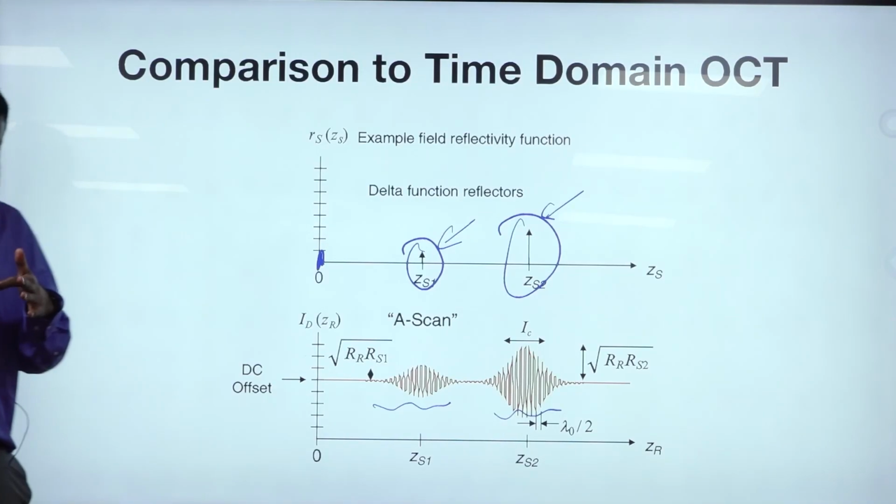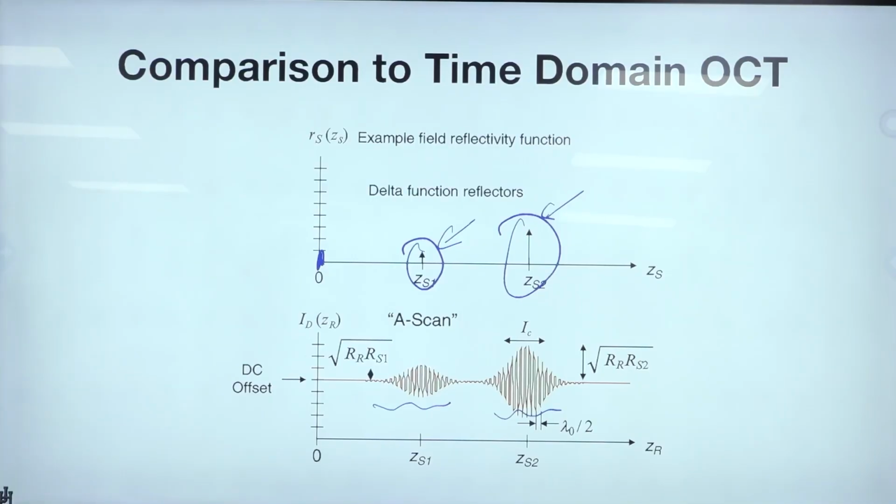I'm sorry, because sometimes I say Fourier transform and sometimes I say inverse Fourier transform. It's minimally important. What is the difference between a Fourier transform and an inverse Fourier transform? There's a minus sign, right? That's really the only practical difference. Whether you take the Fourier transform or the inverse, there'll be a minus sign somewhere, and that's it. If you reflect the data, reverse it, you will get the same thing.